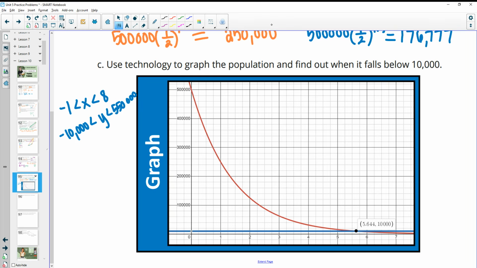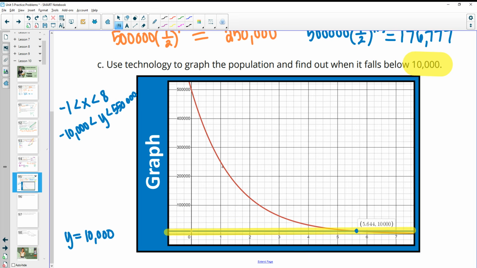Then what I did is you can see that we want to figure out when this falls below 10,000. So what I did was graphed the line y equals 10,000. So you can graph both of them on the same grid. And then you can click to see where they intersect.